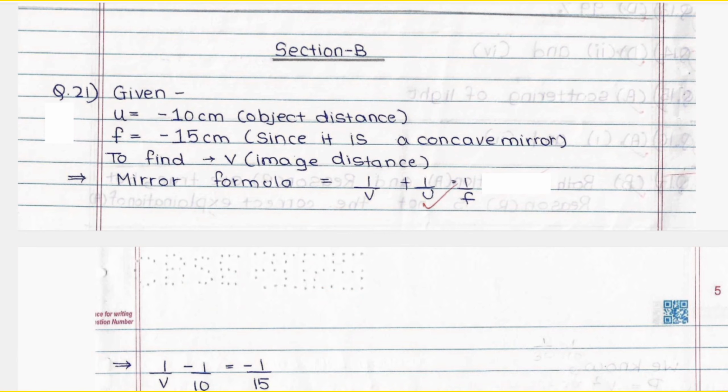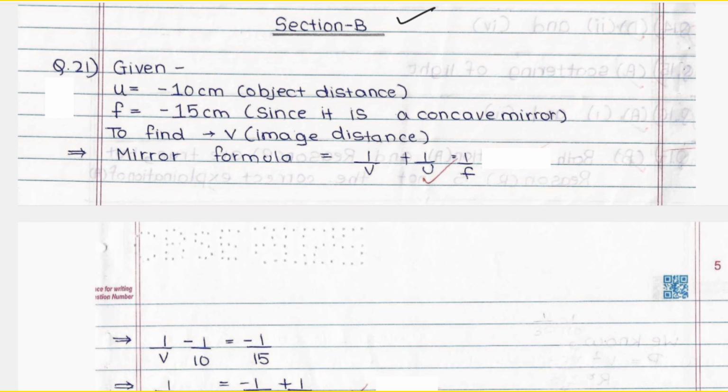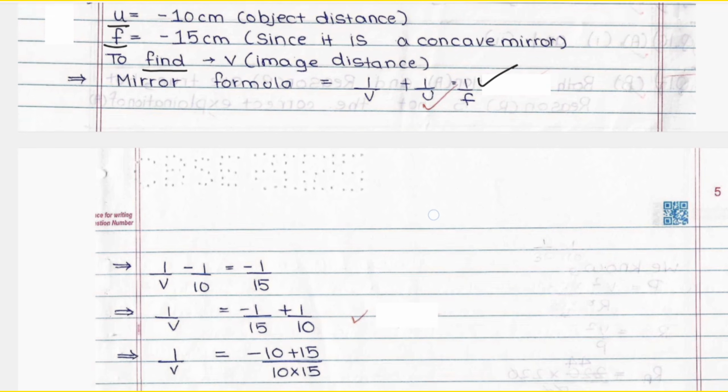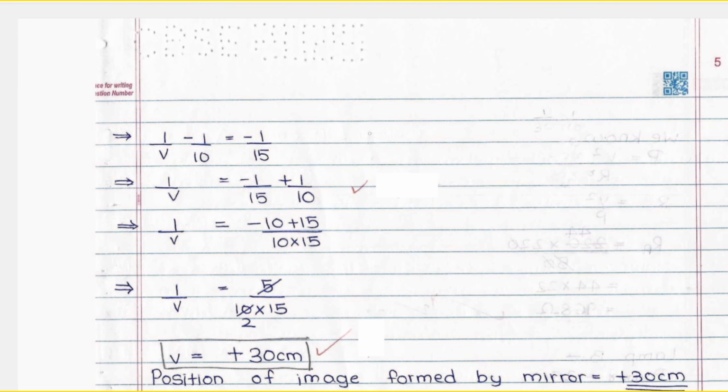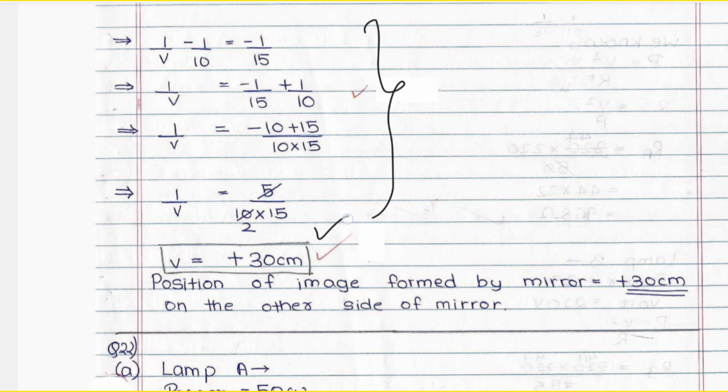Next you can see Section B, and here a numerical question is there. See how the topper student first wrote the given, like u is given and focal length is given, then what they are going to find. Then they clearly wrote the formula they are going to use, and only after that they started the calculation, and at the end wrote the final answer.